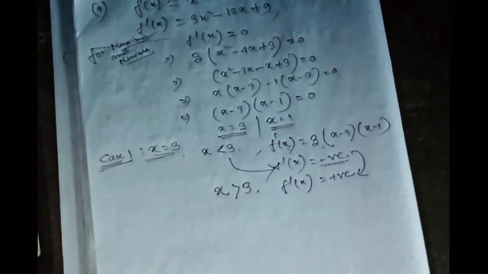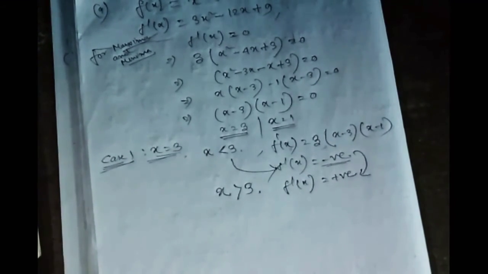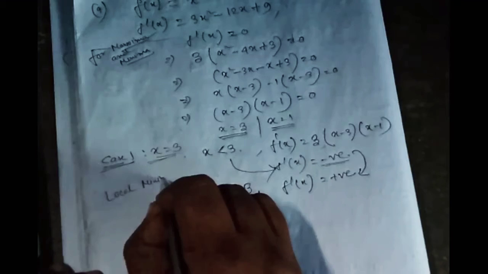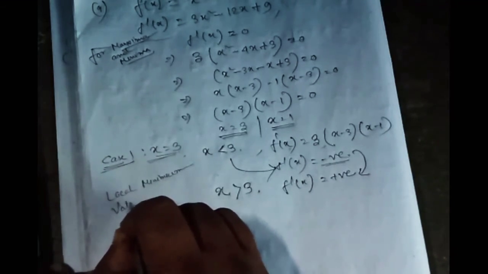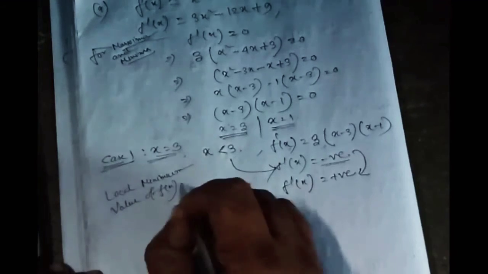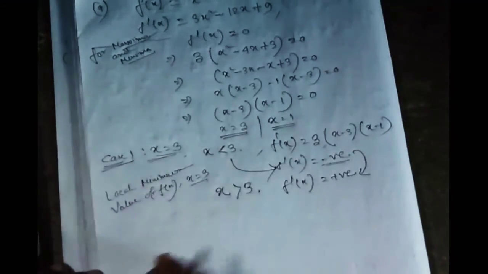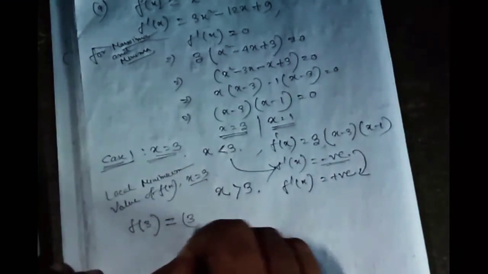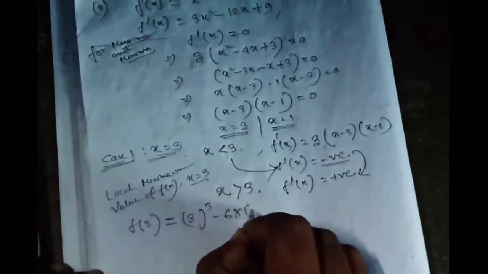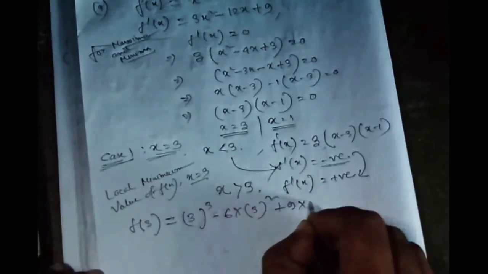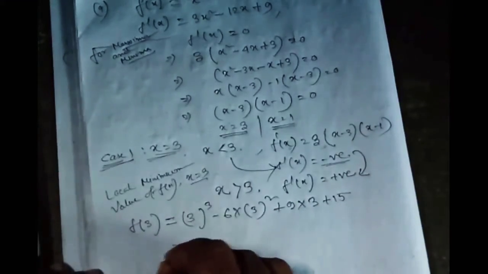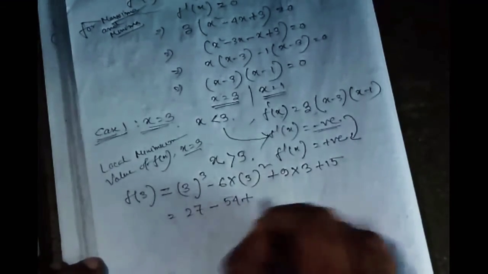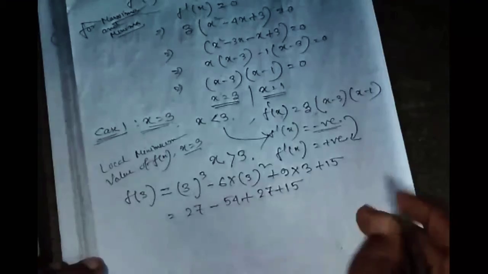So there should be a local minimum value of f(x) at x equal to 3, and that value should be f of 3, that's equal to 3 cube minus 6 into 3 square plus 9 into 3 plus 15, 27 minus 54 plus 27 plus 15.